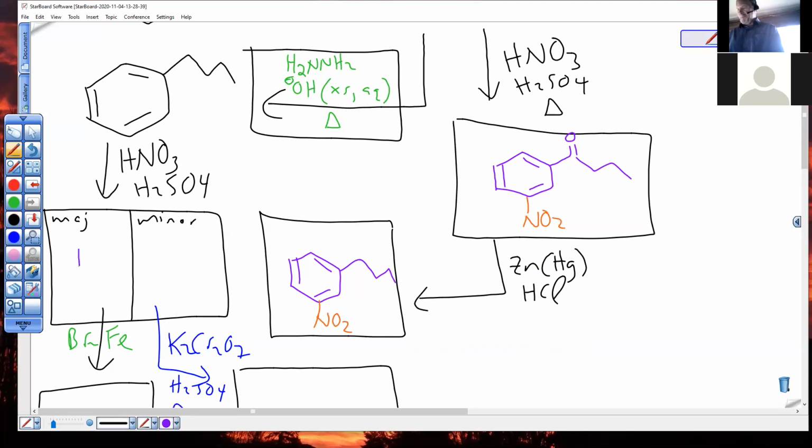So we're going to have a para nitro group with a butyl upstairs. 1, 2, 3, 4. And nice nitro here. Oh, I want to put an orange to compare the other one. Why not? And ortho would be slightly lower amounts.